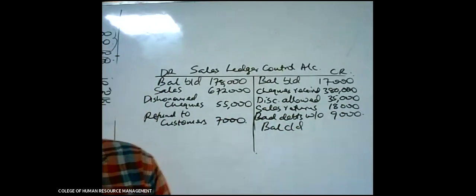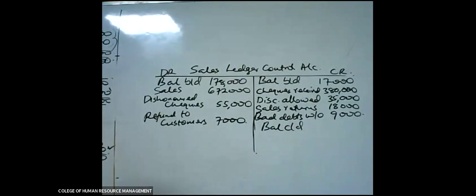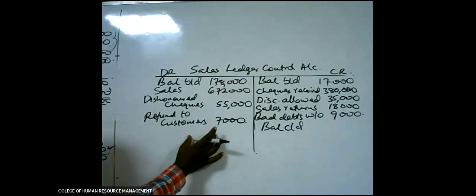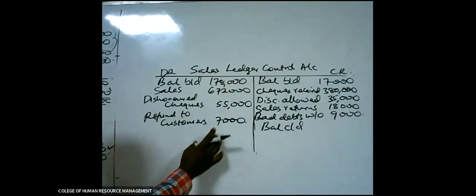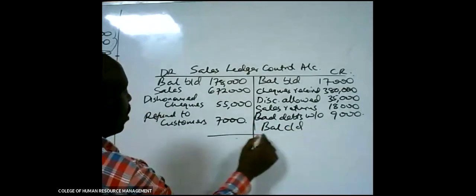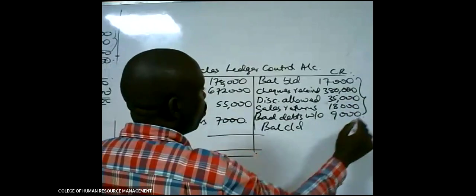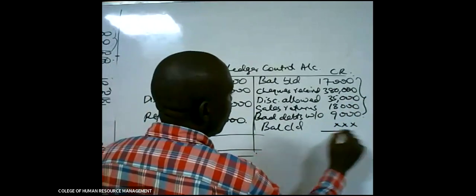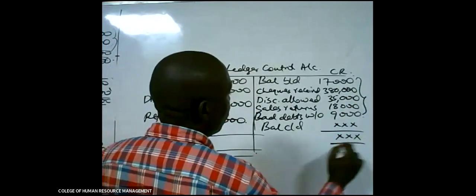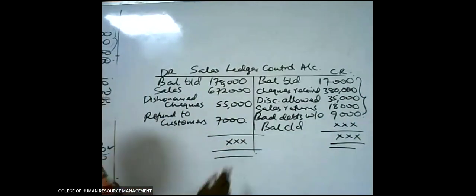We are not given the closing balance or the balance carried down, so we only compute that. This minus this totals, you get that figure, and your account will balance. That will be your sales ledger control account.